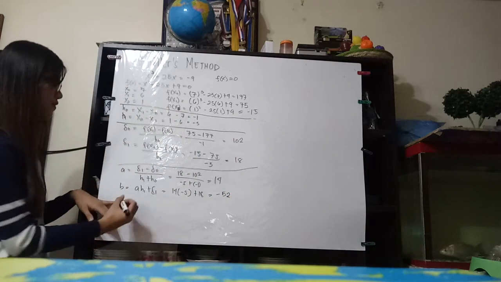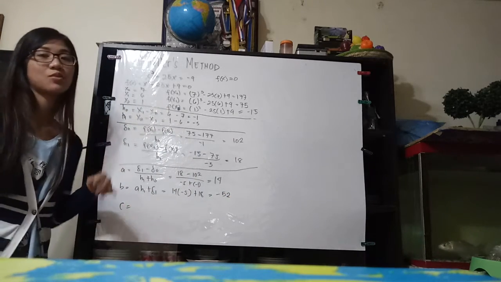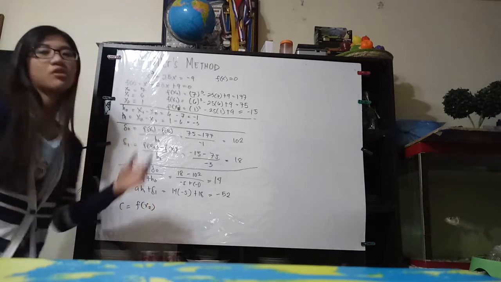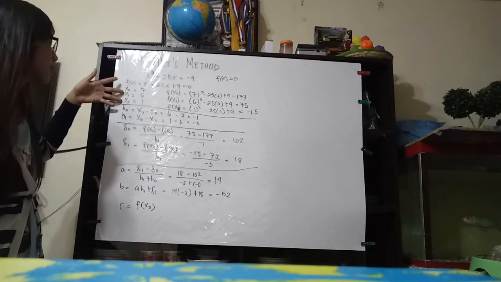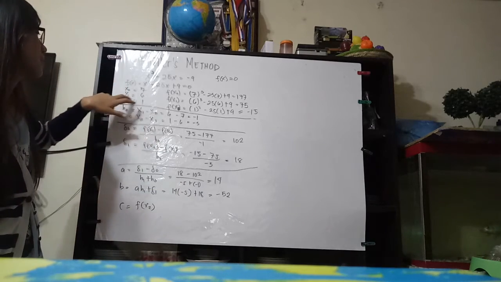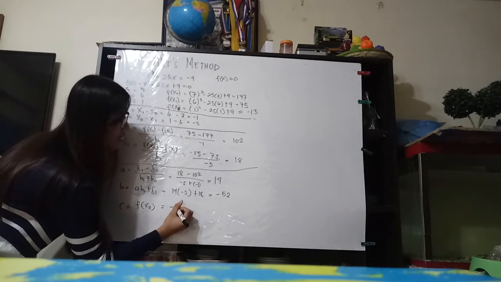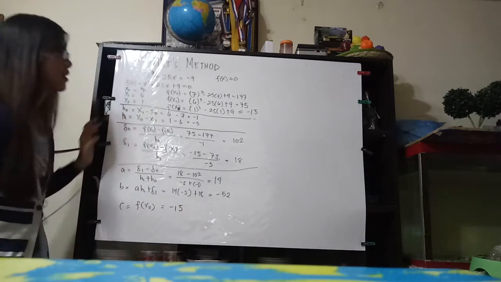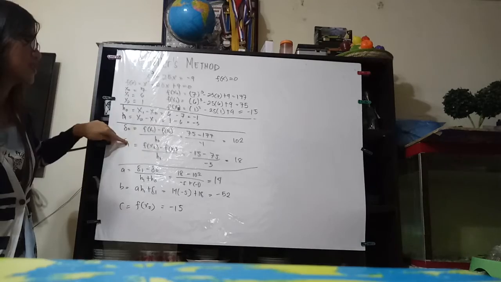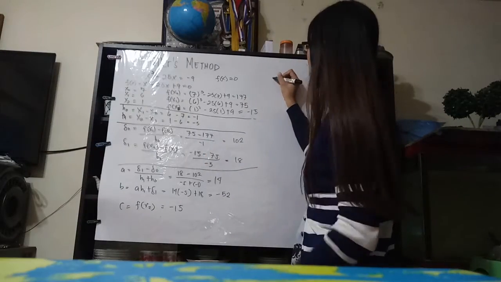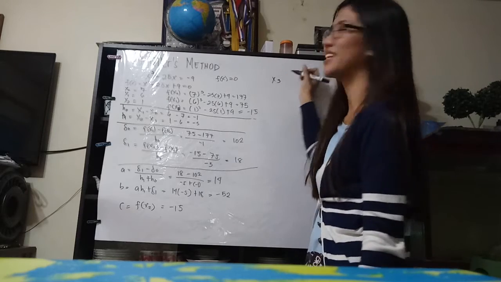And for finding the C, this is the easiest one. It's just the function of x2, which we already solved in the first step here. So the function of x2 is negative 15. So first step, second step, third step, fourth step, and then the next step is to evaluate x3.